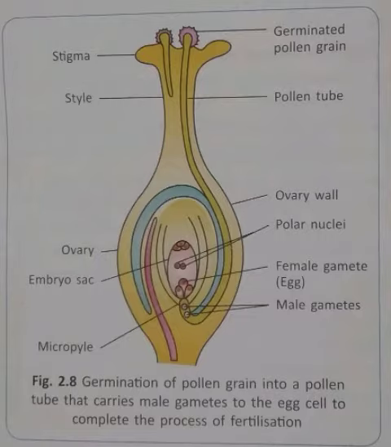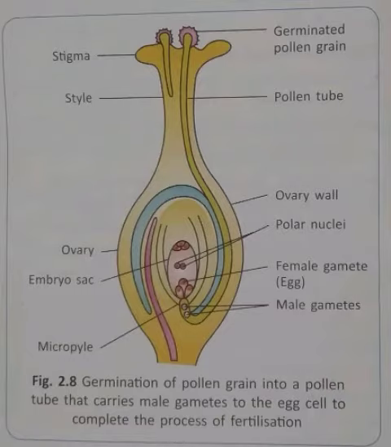Pollen grains come from the anther of a flower and stick to the stigma. Okay, as the pollen grains are transferred to the stigma, it starts to secrete a sticky substance, or a sugar containing liquid.